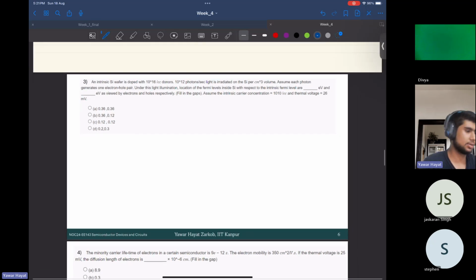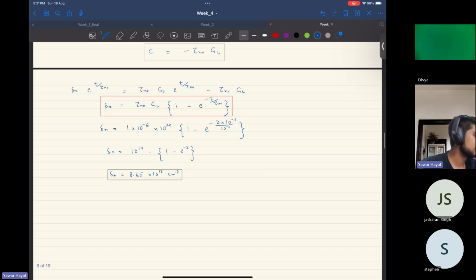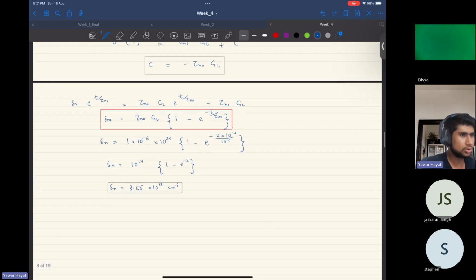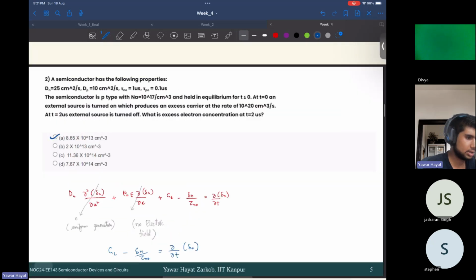What about this one? An intrinsic silicon wafer is doped with 10 to the power 16 per centimeter cube donors. But firstly, tell me one thing. This we computed at t equal to 2 microseconds, because in the question we were provided that, right?